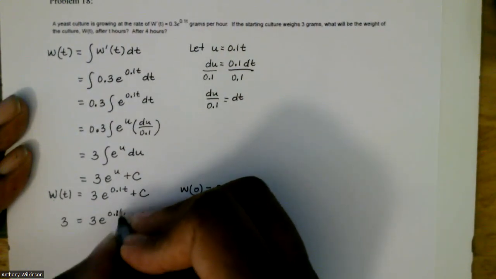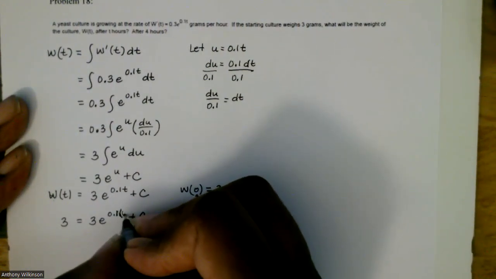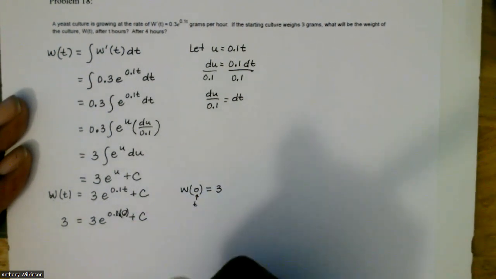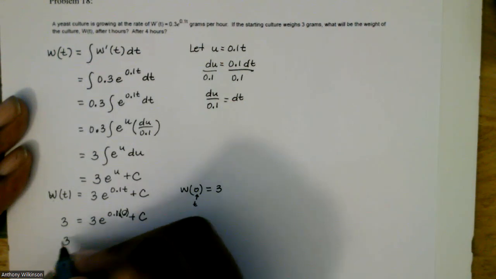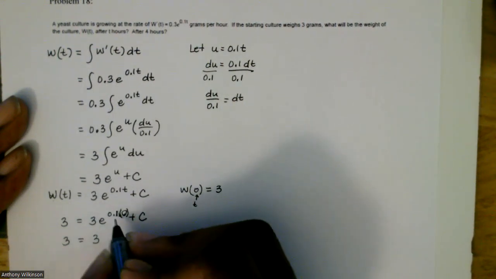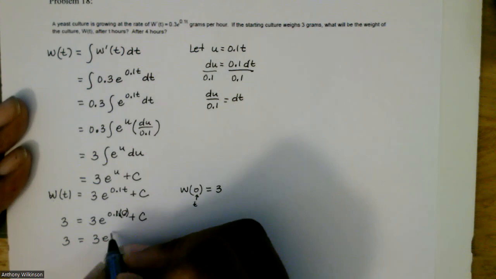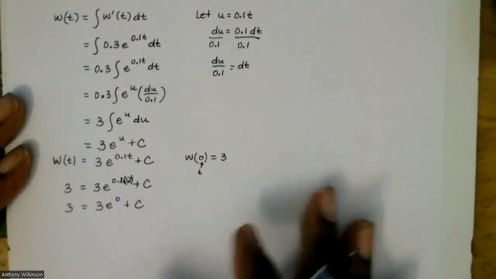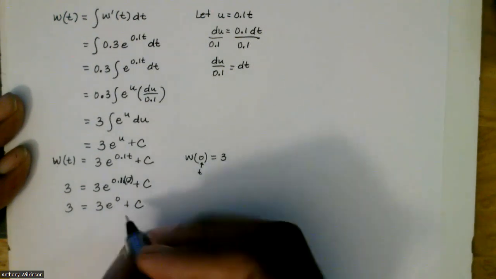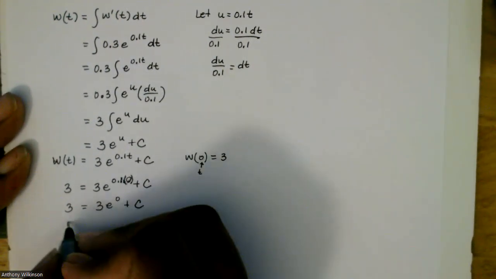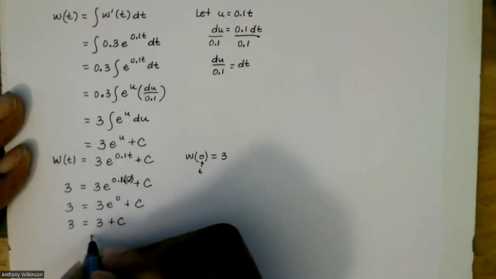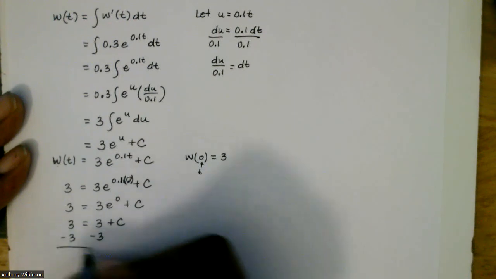So it'll be 0.1 times 0, which is 0, so it'll be 3 e to the 0 plus c. And e to the 0 is 1, times the 3 in front would be 3, so 3 is equal to 3 plus c. If we subtract 3 on both sides, that means c must be equal to 0.